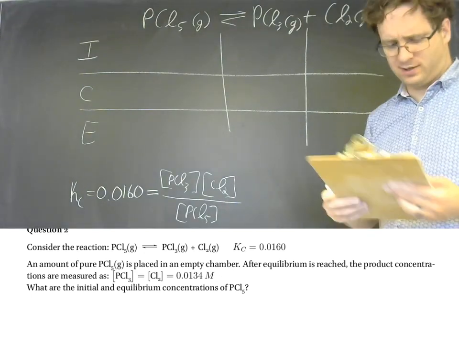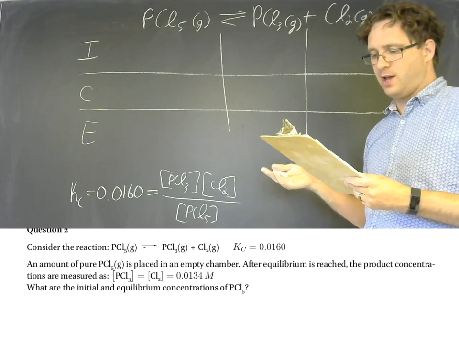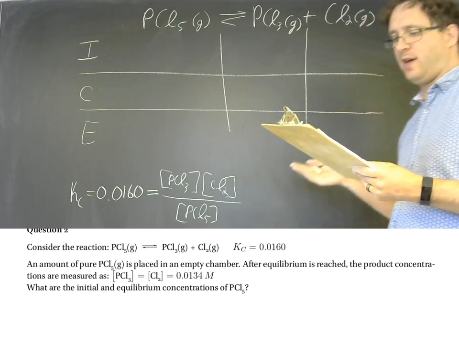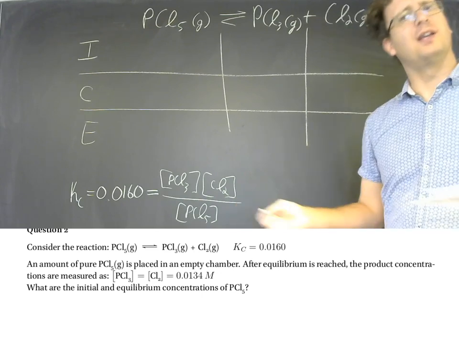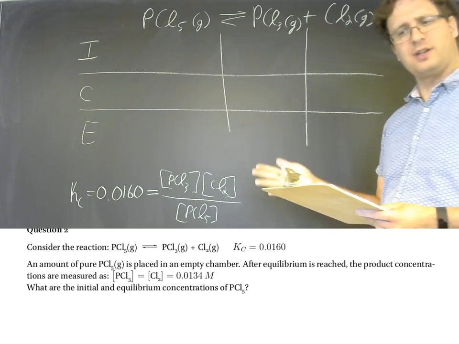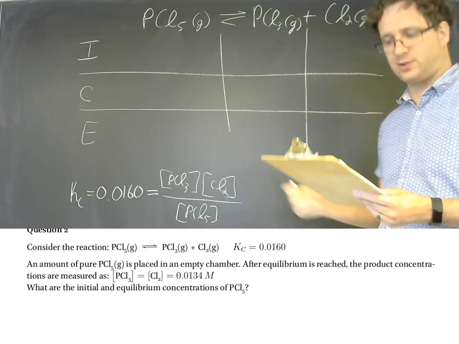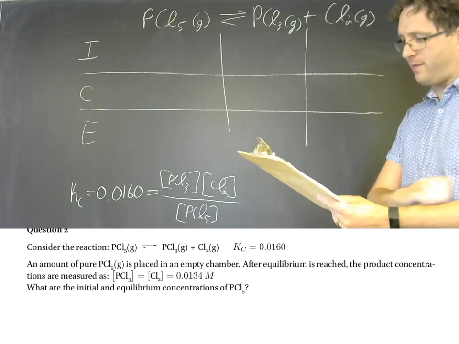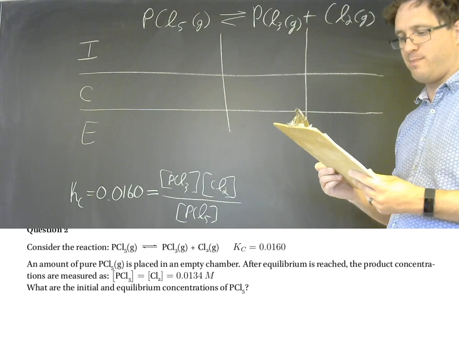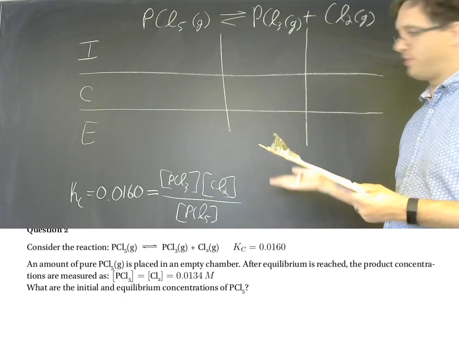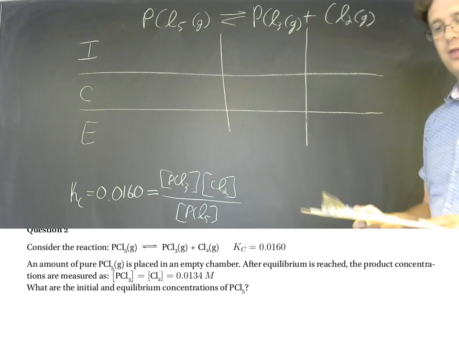And this one is a little bit interesting. So we have an amount of pure PCl5 placed in an empty chamber. And that's all we're given in terms of initial conditions. So you can already tell this one's going to be a little bit different. Let's read the whole thing and then talk strategy for how to solve this. After equilibrium is reached, the product concentrations are measured as PCl3 equals Cl2 equals 0.0134 molar.